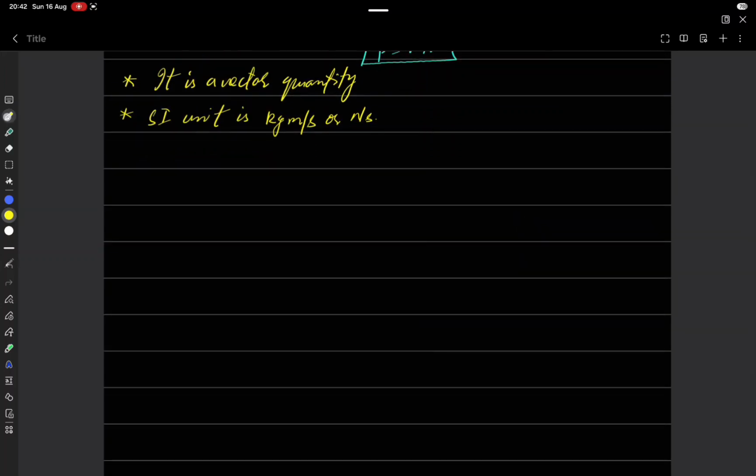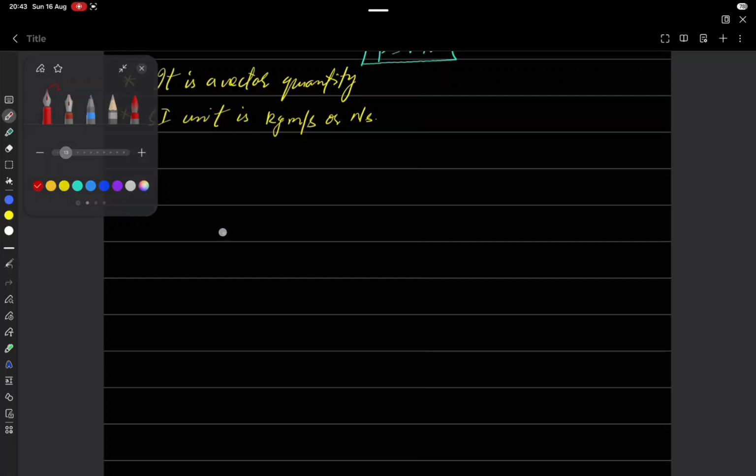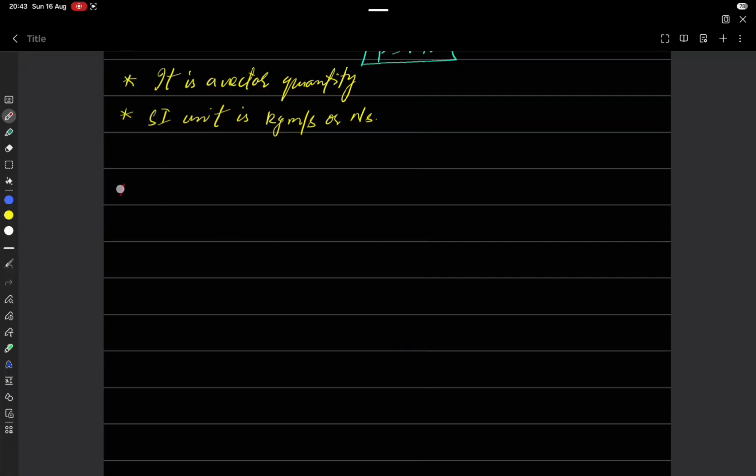Now the next part is change in velocity, delta v. Whenever you find the change in velocity, you have to be careful about that.